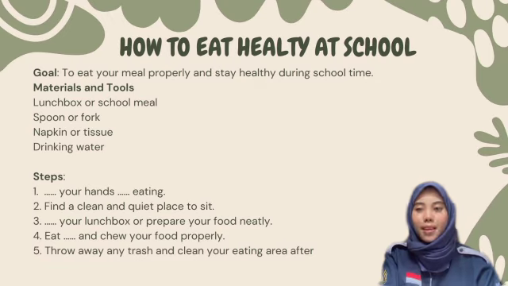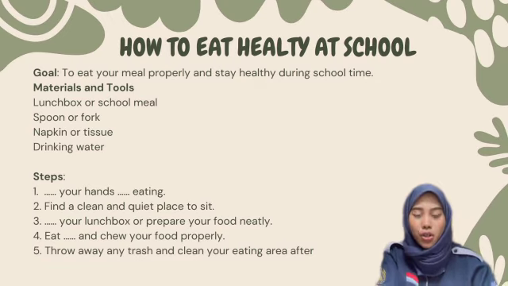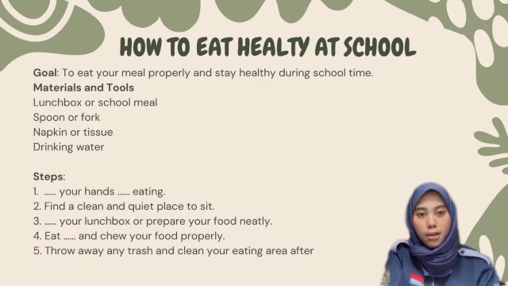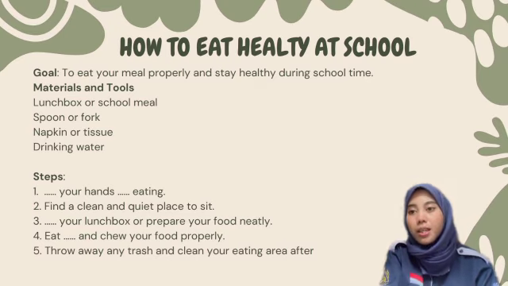The goal tells us our purpose, what the reader intends to achieve from reading our procedure text. From this example, the goal is how to eat your meal properly and stay healthy during school time.